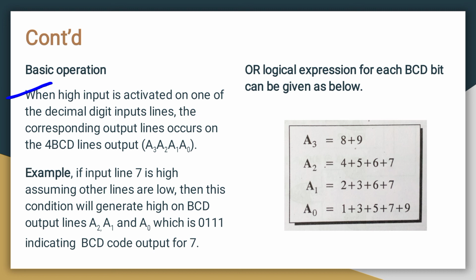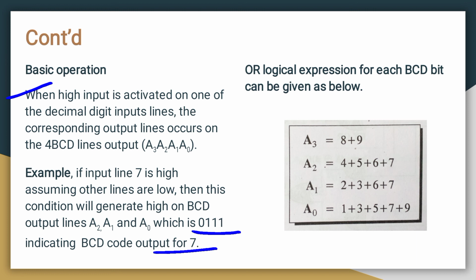Clear? For example, if input line 7 is high, assuming other lines are low, this condition will generate a high on the BCD output lines, that is 0 1 1 1, nothing but 4 plus 2 plus 1. That will give you 7.